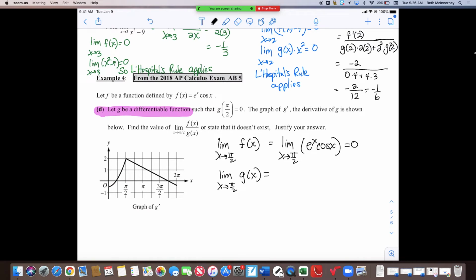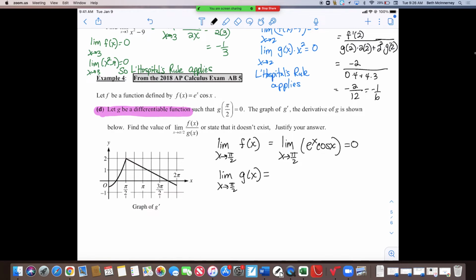This is not g. But they gave me some information somewhere else: if it's differentiable, what does that imply? It's continuous, right? If it's continuous, what do you know? The limit and the function are defined at the same value. So what is the limit as x approaches pi over 2 of g of x?